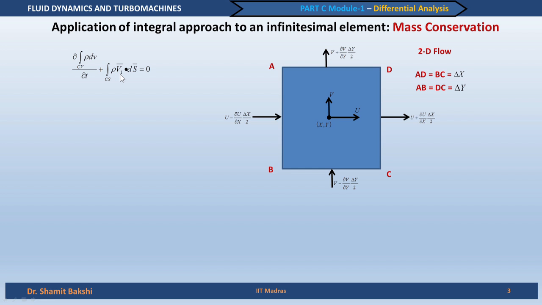So, v1 bar has two components. For this particular case it is a 2 dimensional velocity field, and so the x component is u and the y component is v. And we also should keep in mind this small v appearing over here represents the volume, which we have also indicated before.